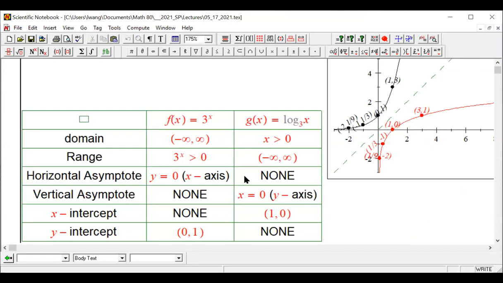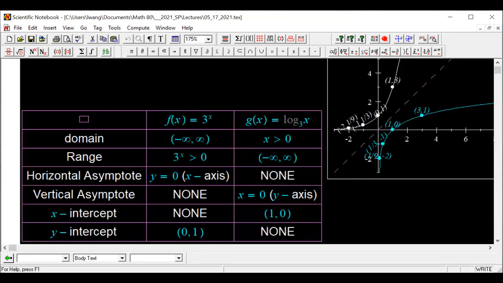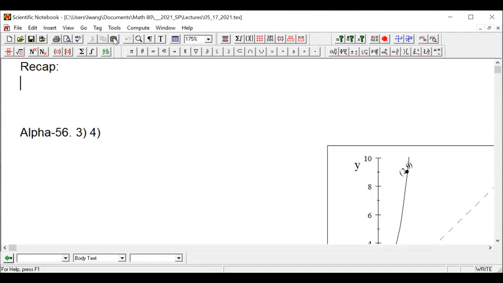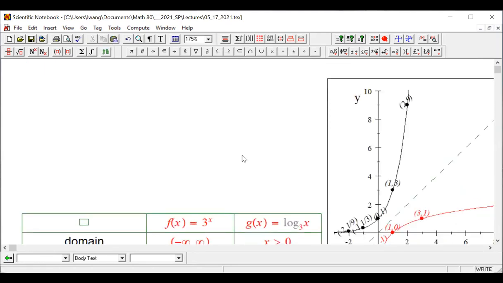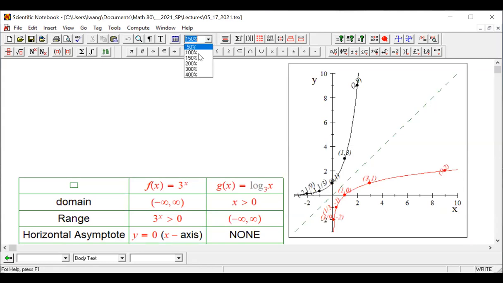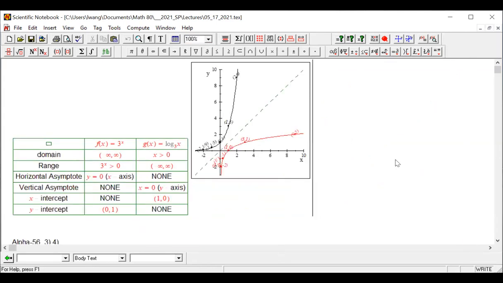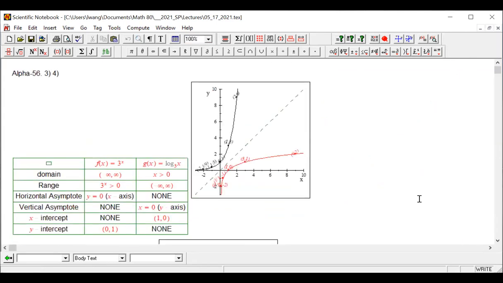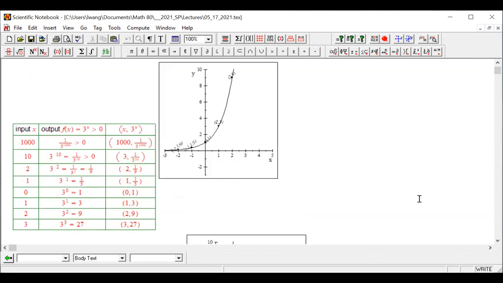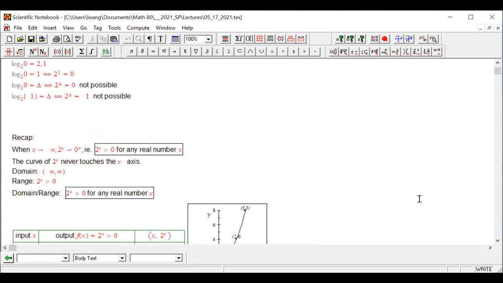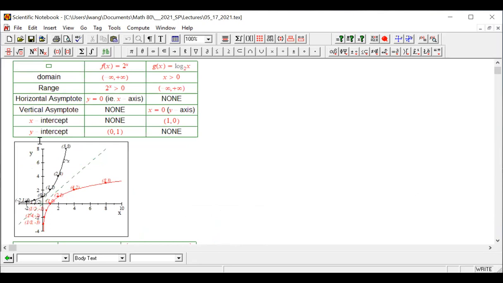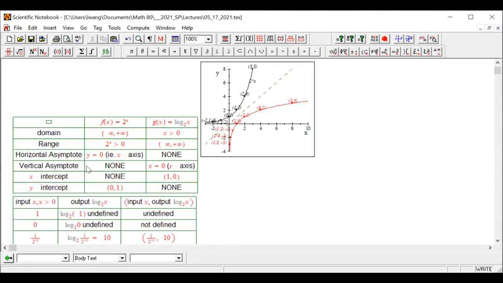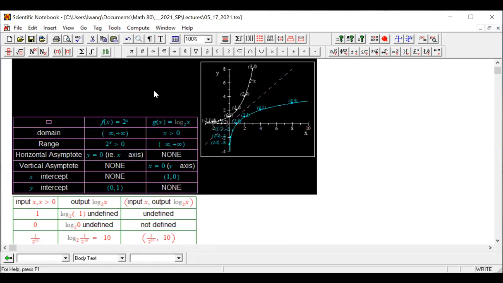These two, for base 3, I'm going to make the fonts a bit smaller so I can transport them, making my transportation a little bit easier. And for base 2, we've done that.